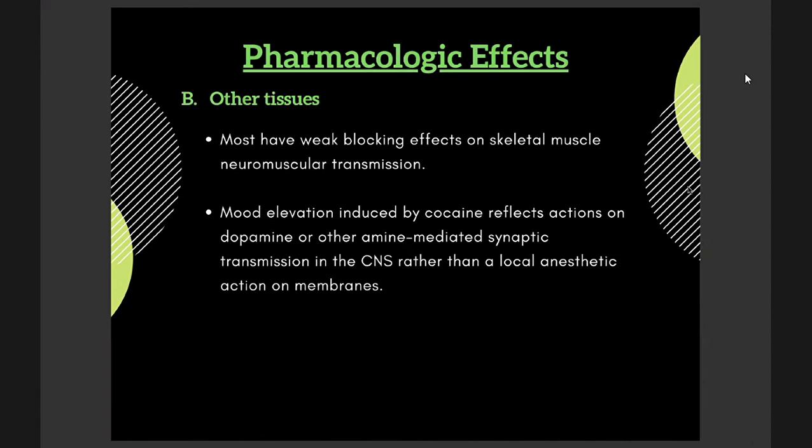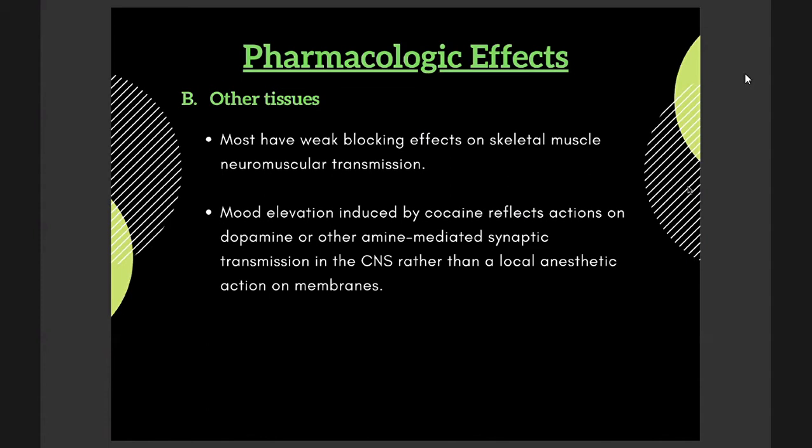Other tissues: most have weak blocking effects on skeletal muscle neuromuscular transmission. Mood elevation induced by cocaine reflects action on dopamine or other amine-mediated synaptic transmission in the CNS rather than a local anesthetic action on membranes.